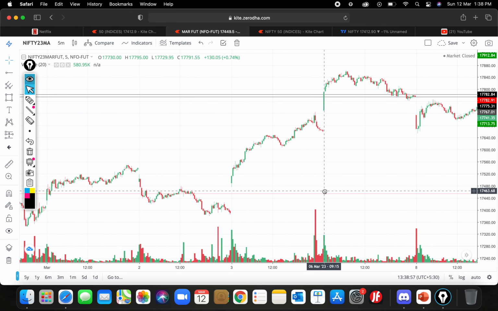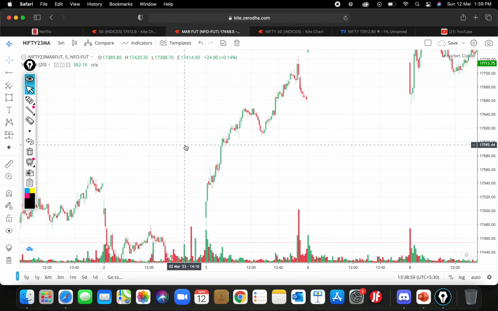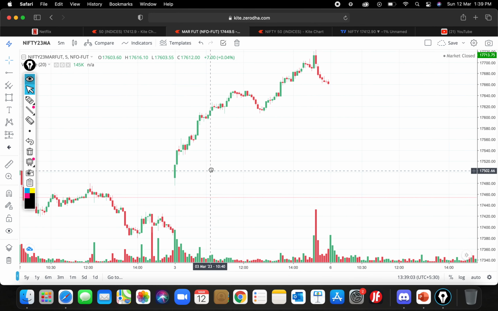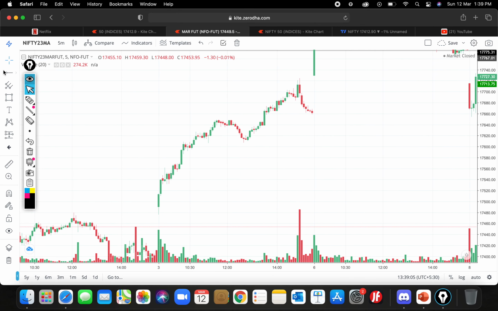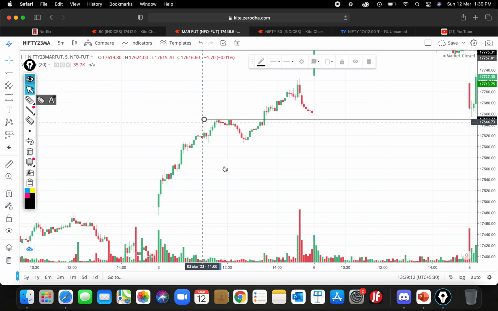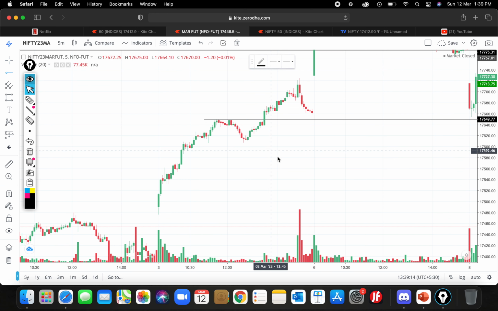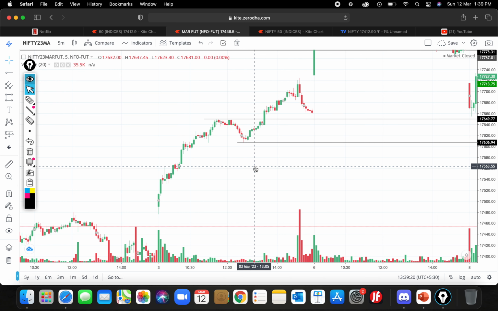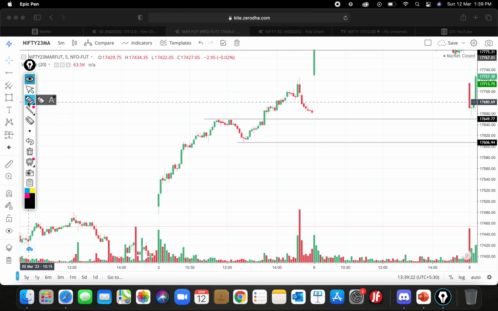So let's look at just one more example. Okay, let's look at this example. The market opened at a gap up and then went all the way up, so we had a resistance right here, and then we had our supports, which was here. So this is where our support was created. So usually what do we do?